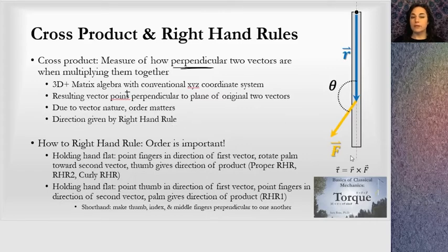So the example I picked over here, to make it concrete and to have something to really anchor real life into these concepts of the cross product and the right-hand rule, is torque. This is something that we covered in the basics of classical mechanics, and you can look back at that video. But the big thing that we got here is it depends on the radius vector and the force vector, and this is a cross product.